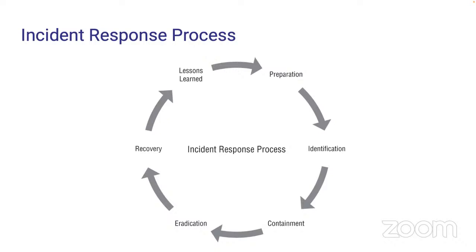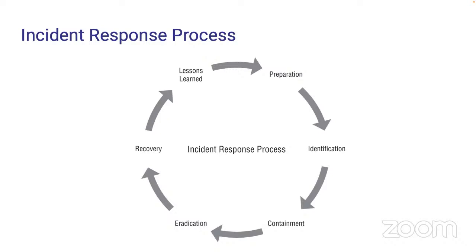This is your typical incident response process, where in preparation, you build your tools, your processes, procedures to respond to an incident. You build your IR team, you conduct your exercises, you document what's going to be done, who's going to respond, that kind of stuff.